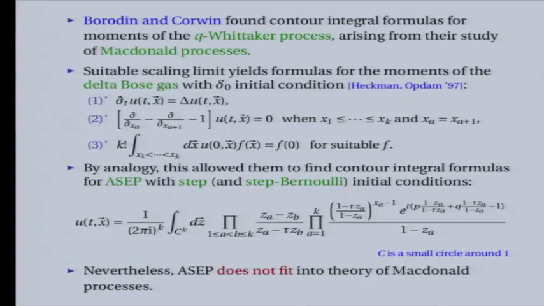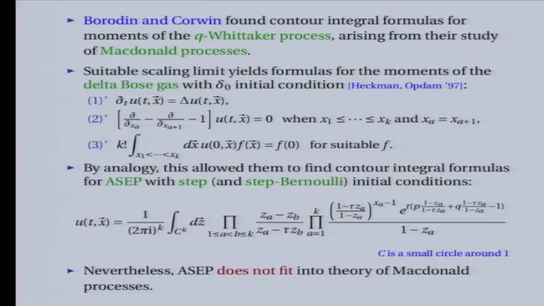They could solve ASEP, so solve the set of equations for the case of step initial condition, when you start with all positive sites occupied and everything else empty. They just guess this formula and plug it in, and then it works. It's an educated ansatz, of course, which comes from looking at those formulas, and also looking at Tracy and Widom's formulas to see what are the right exponents and stuff like that.